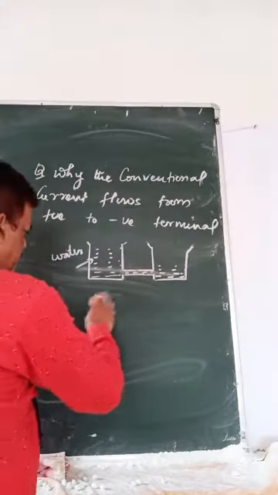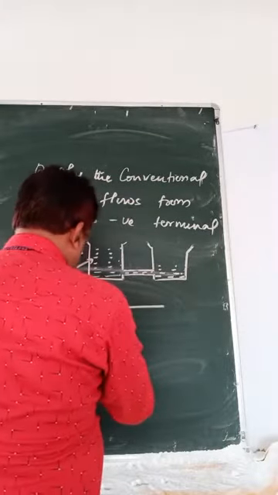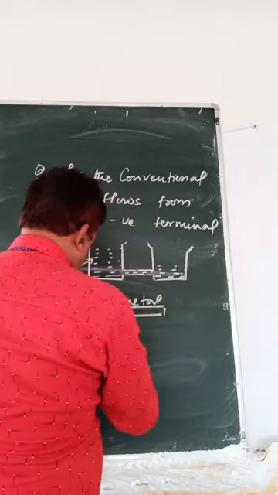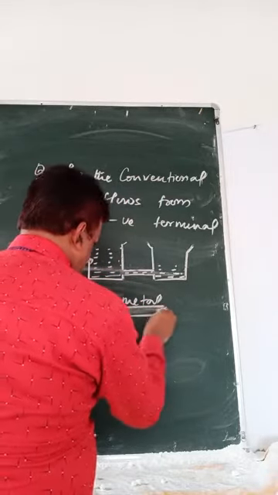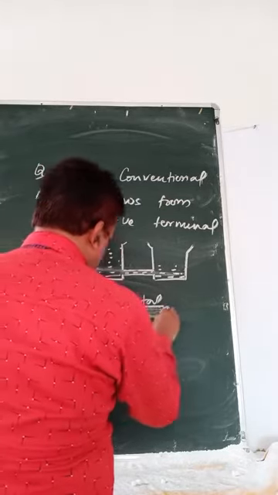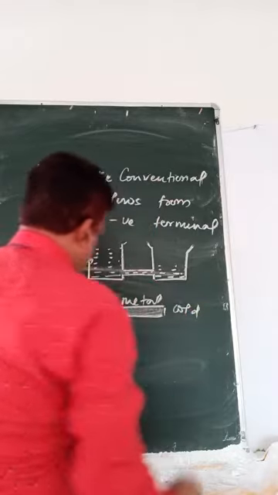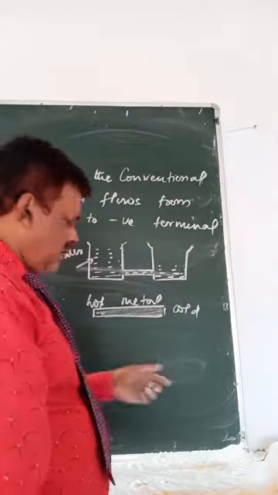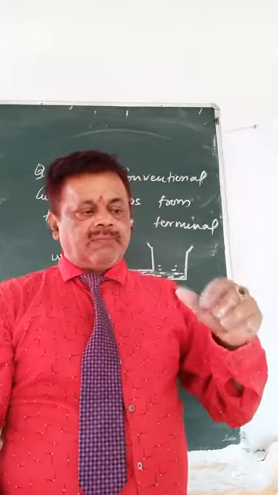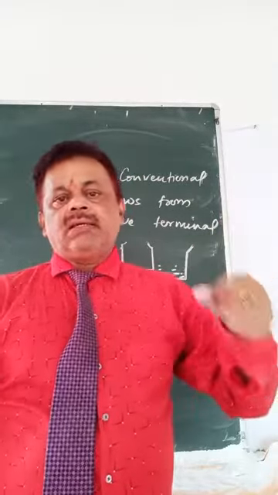Suppose there is a metal. This is a metal. This side is hot. This side is cold. Then what do you see? If you put a piece of rod in the fire, after some time you can feel heat in your hand.